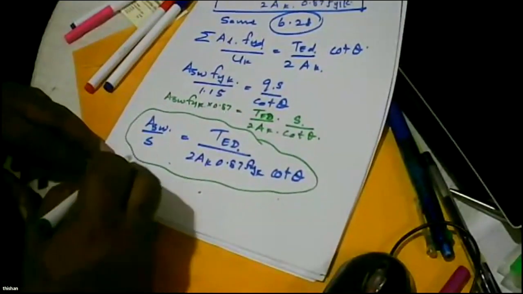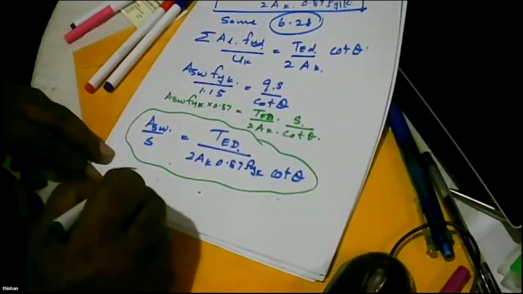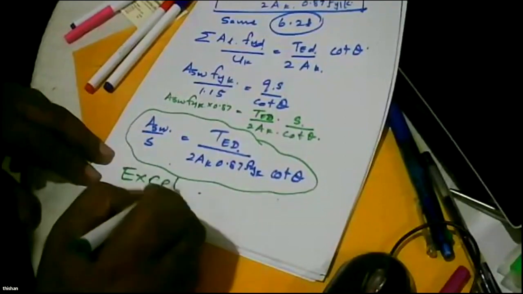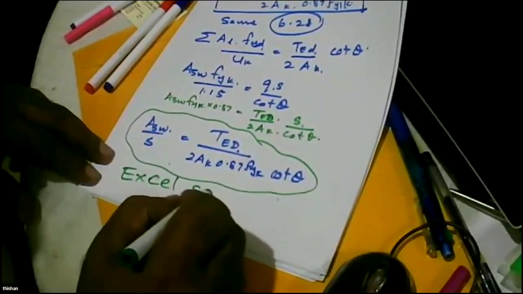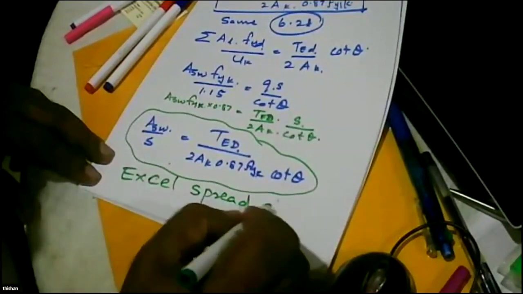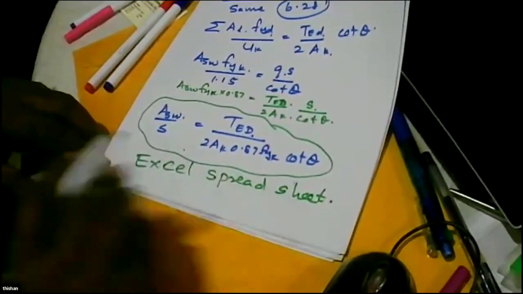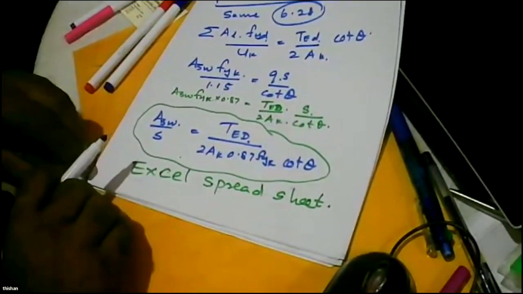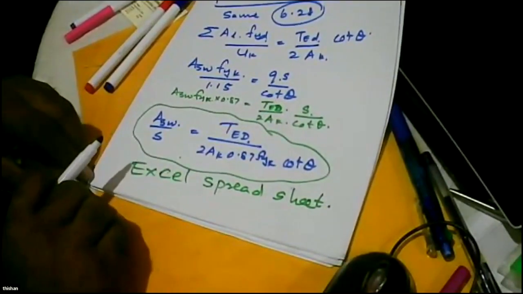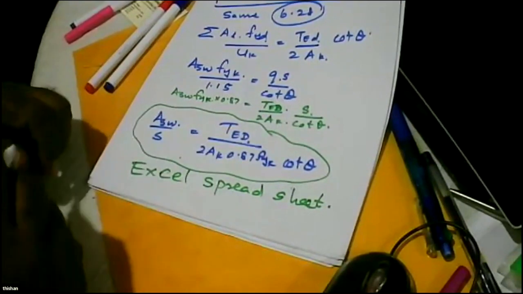So that's why I said the solution for torsional design is an Excel spreadsheet, because all the equations are not given in the code. So we are using some equations from textbooks.